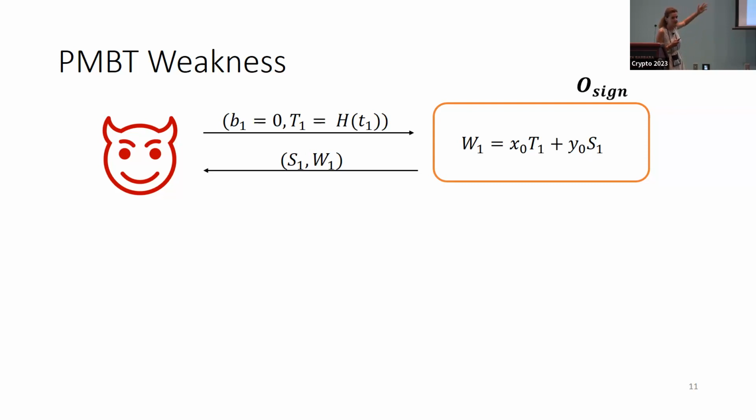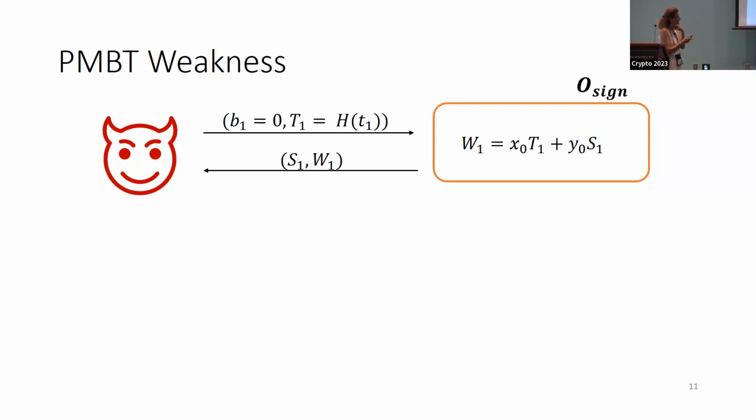So what would be the problem if this was a true, well-defined CCA secure notion? The adversary would make two queries. The first one is going to be the all-sign oracle. It will essentially be asking for a signature on a tag T1 with the bit 0. Let's say the query bit is 0, and the oracle will compute this tag.